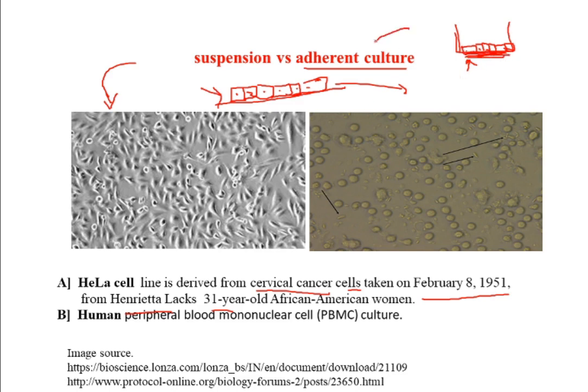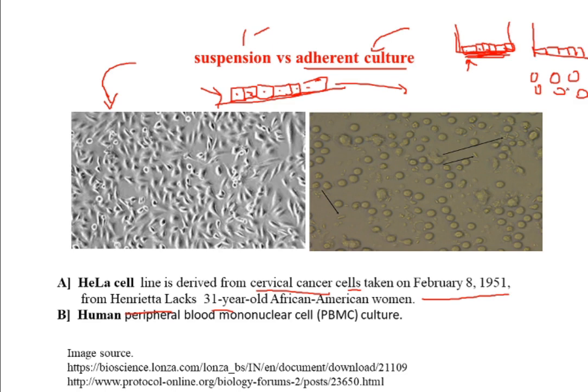On the contrary, for suspension culture, the example is RBCs. We know RBCs are cells. Besides RBCs, there are the immune system cells, which never live their lives in sheet form because they are independent.